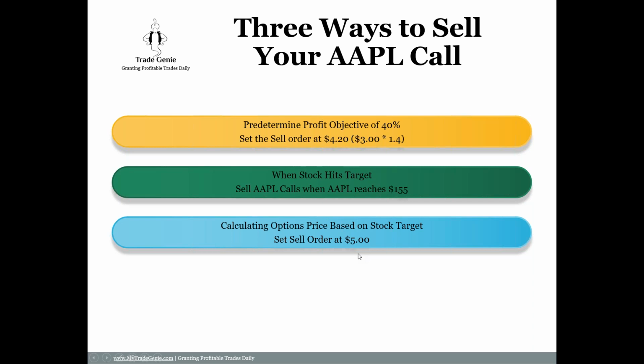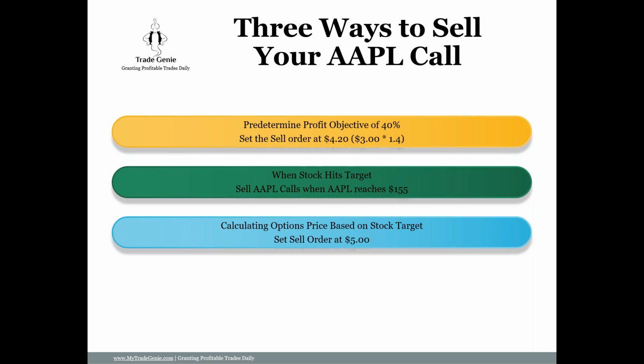So you have to calculate this option price on a daily basis. It's my belief you have to, because the variables that go into the Black-Scholes formula are changing. So it could be 5.10, it could be 5.20. It depends how fast the stock is moving towards your target. If it's hitting right away in 1 or 2 days, then you may get 5.50, 5.60.